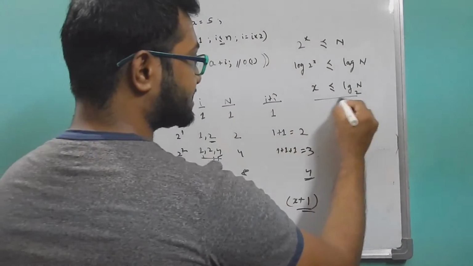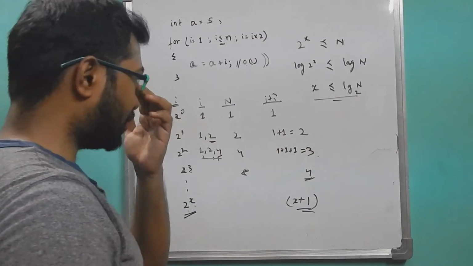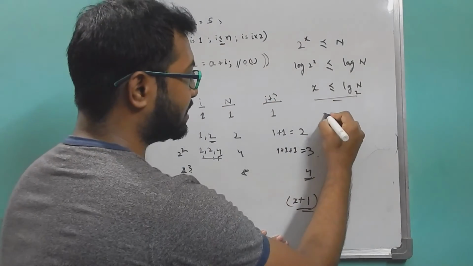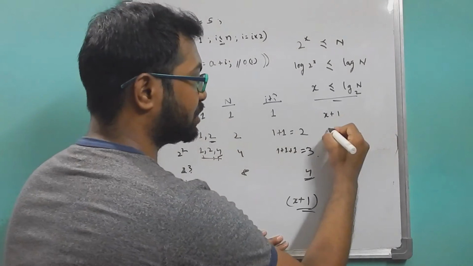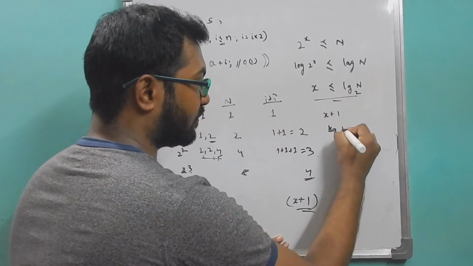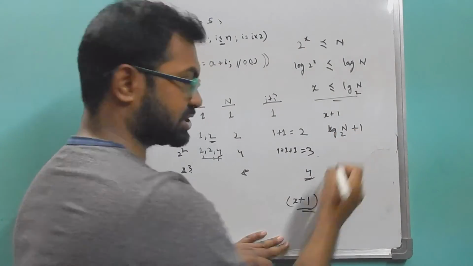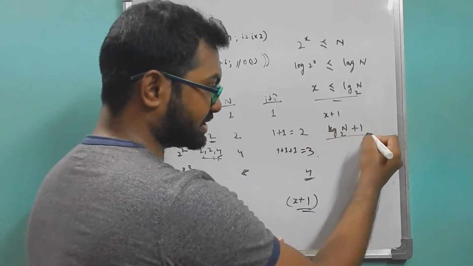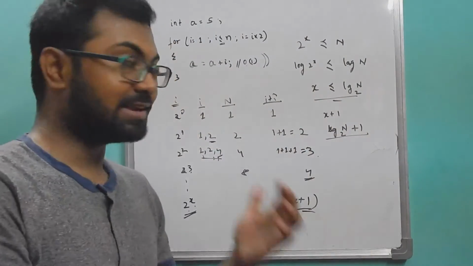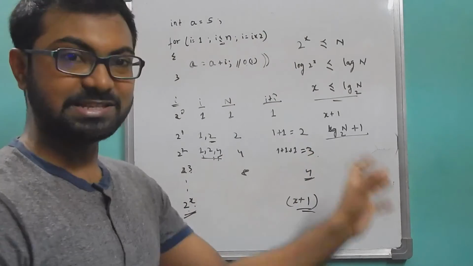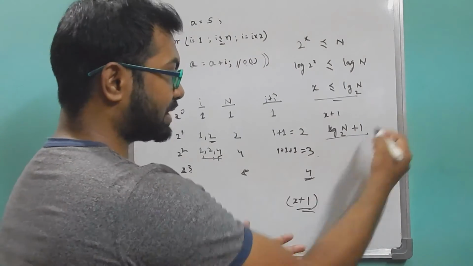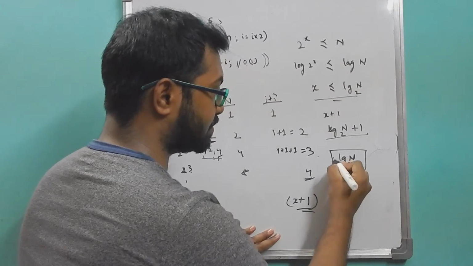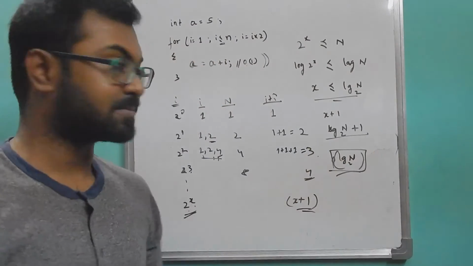Okay, and that's one of the conditions we have. Now the total iterations is x plus 1. That means we can write x plus 1 iterations equals log of n plus 1 base 2, and the complexity obviously becomes less than this one. So in complexity analysis, we take the dominant term and the complexity becomes log of n, and this is big O of log of n, the time complexity.